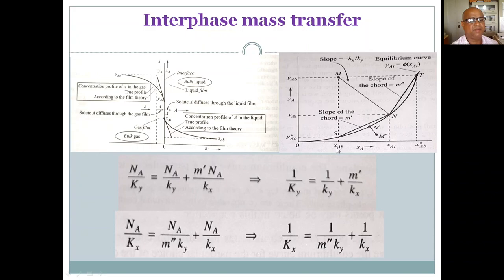If I take the XAB, that liquid bulk concentration, and take its equilibrium value, that is the YAB star. And for that, what relation did we get? 1 by capital Ky, where Ky is the overall mass transfer coefficient, equals 1 by small ky plus m dash by kx.